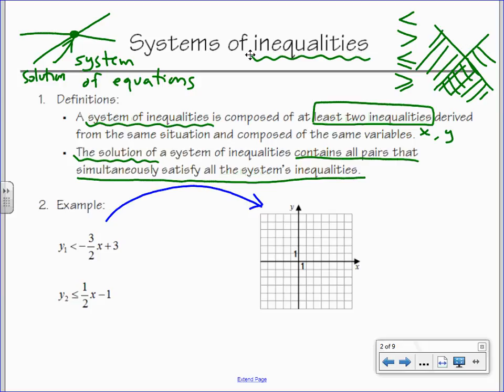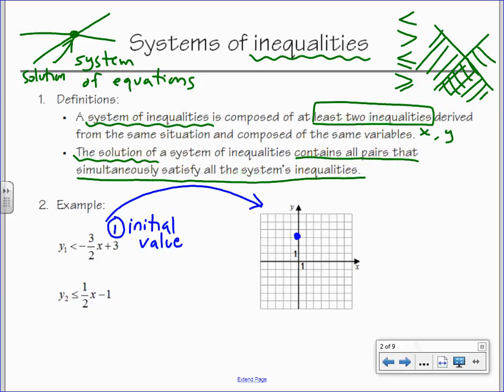The easiest way is to start with the initial value. The initial value is 3. So you can go on your graph, 1, 2, 3, and graph your initial value.